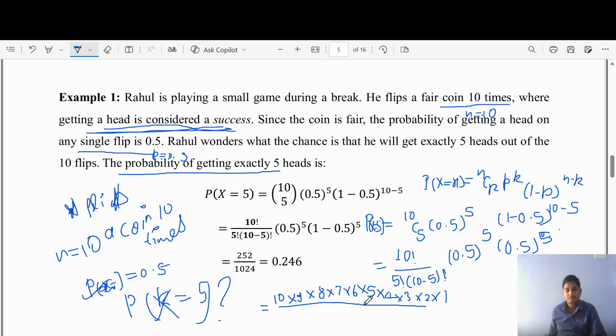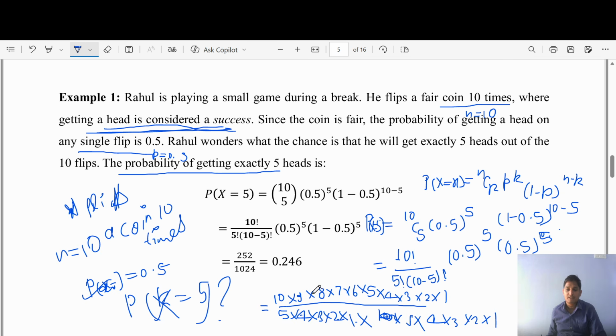Upon 5 into 4 into 3 into 2 into 1. We break into factorial. So 5 factorial is 5, 4, 3, 2, 1. 10 minus 5 means 5, so 5 factorial means 5, 4, 3, 2, 1.